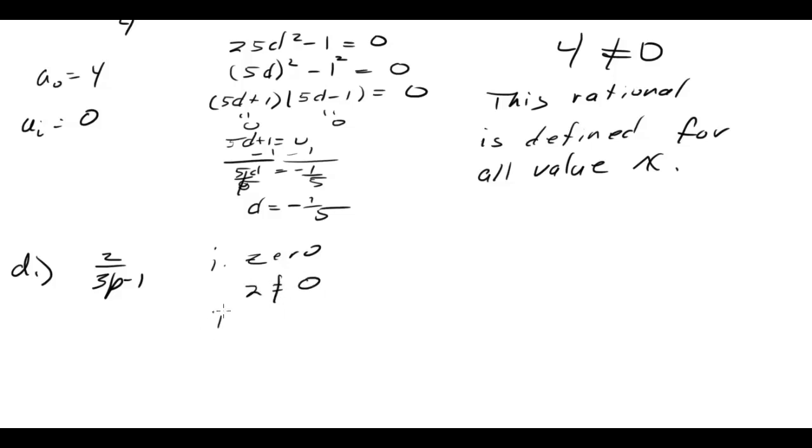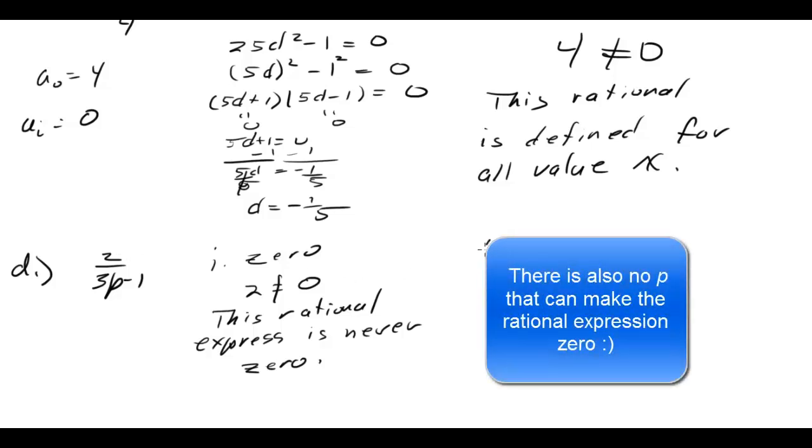So this rational expression is never 0, because there's no x that I can put into the numerator to make it 0. So it's never 0. How about, can it ever be undefined?